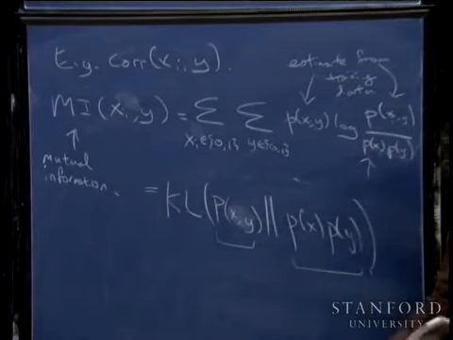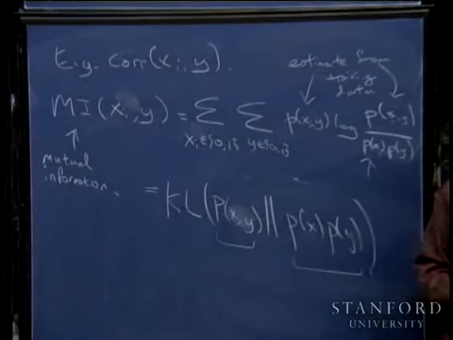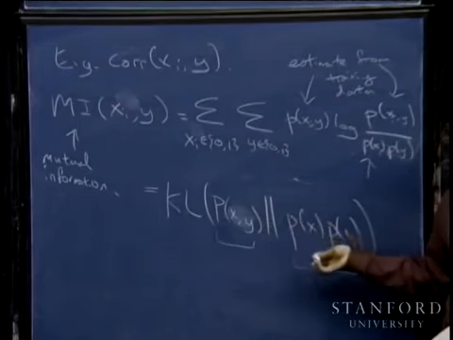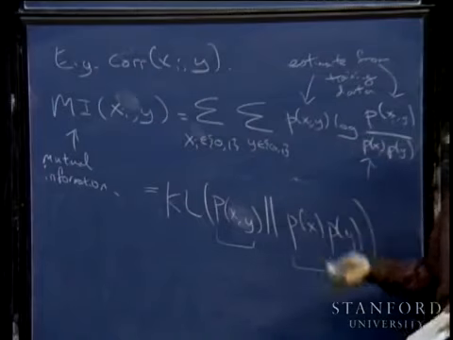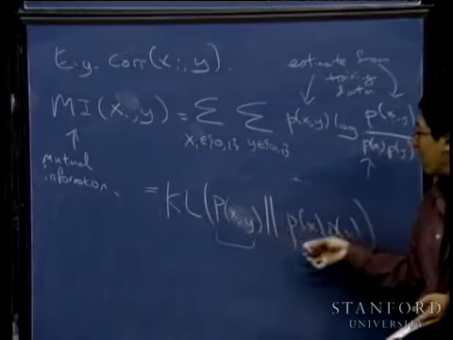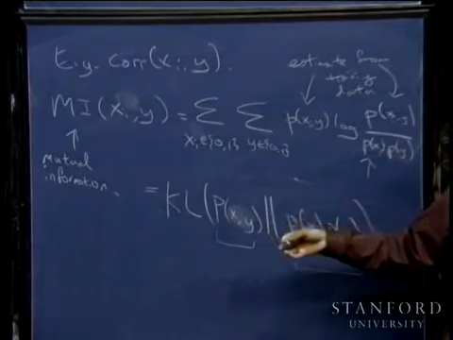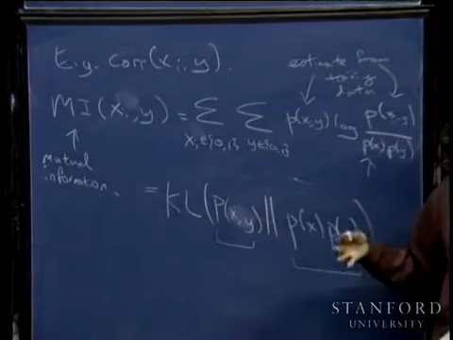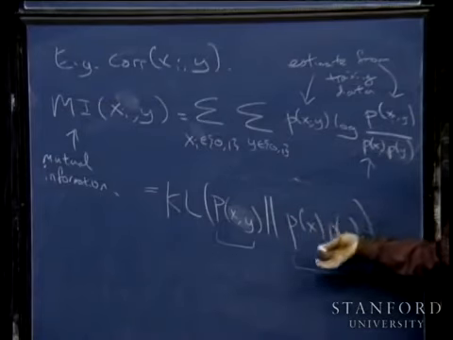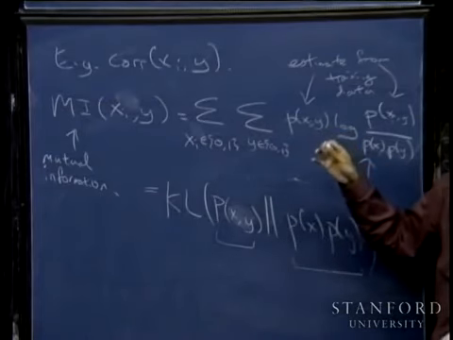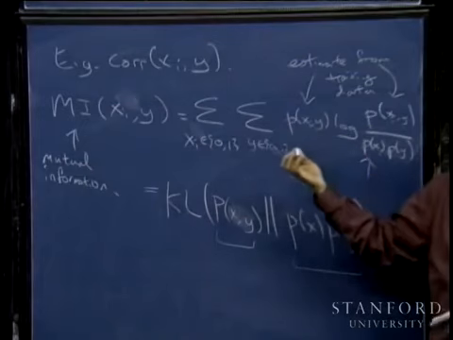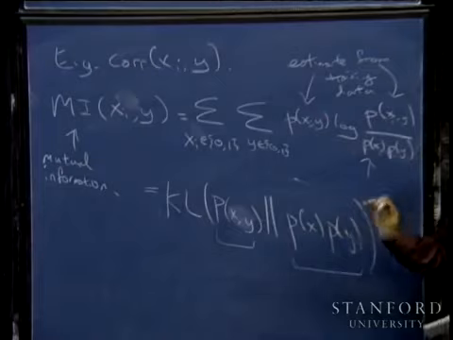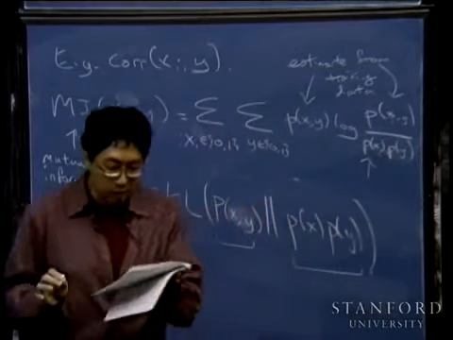In contrast, if x and y are very informative about each other, then this KL divergence will be large. So mutual information is a formal measure of how non-independent x and y are. If they are highly non-independent, then x will presumably tell you something about y, and so they'll have large mutual information. This measure of informativeness will tell you x might be a good feature. You get to play with some of these ideas more in the problem set, so I won't say much more about it.